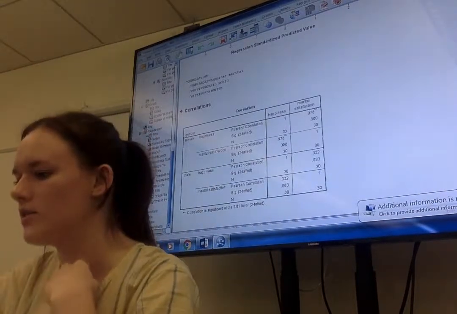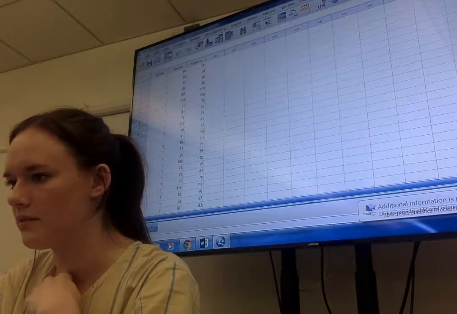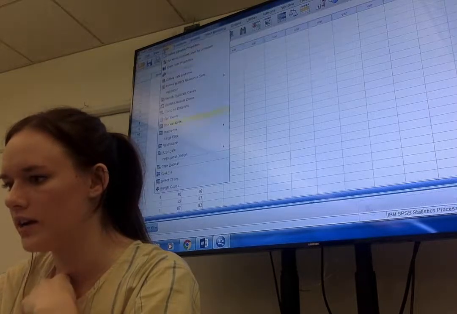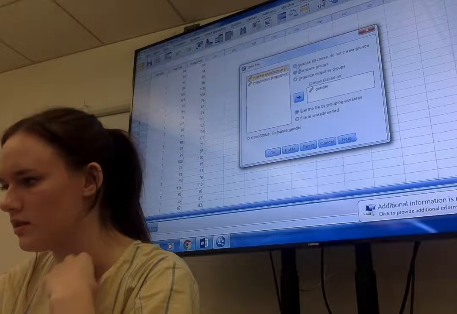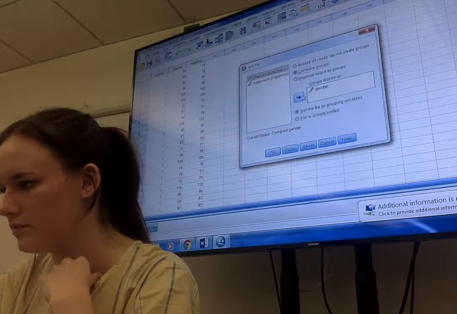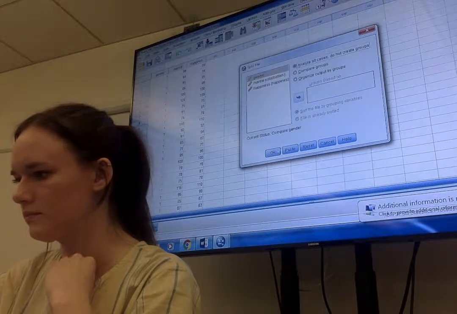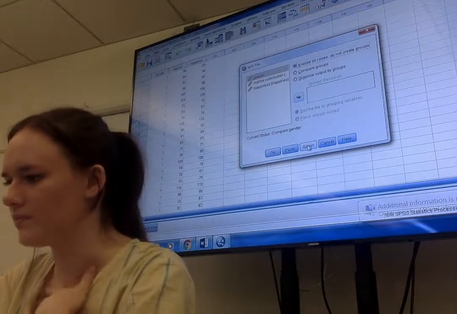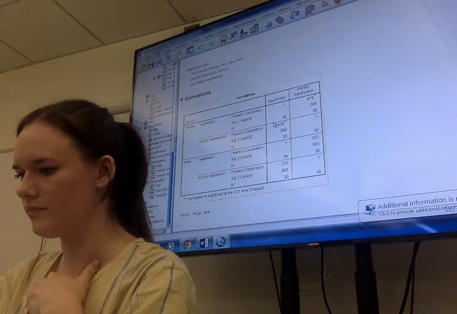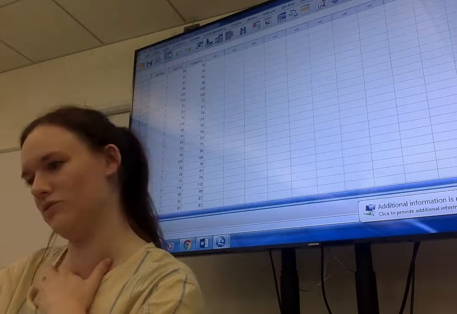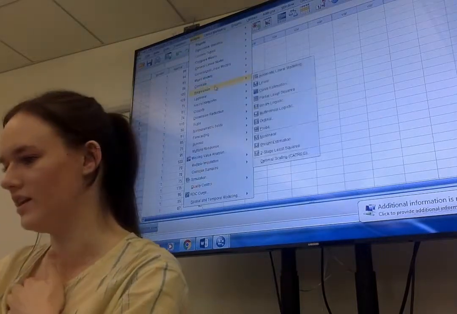Okay. So then we can turn off the split file, data, split file, and then just put them back. Or you can hit reset. Oh, nice. Cool. So it's off, so we can, again, run the regression that we already did.